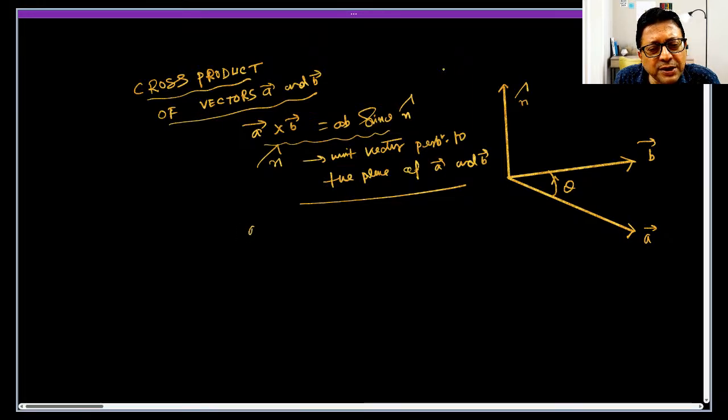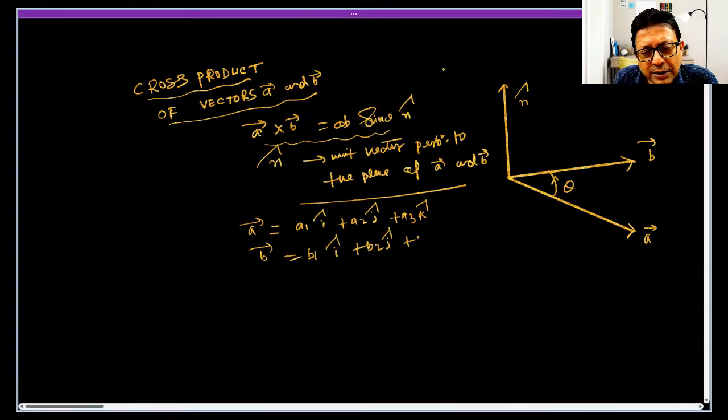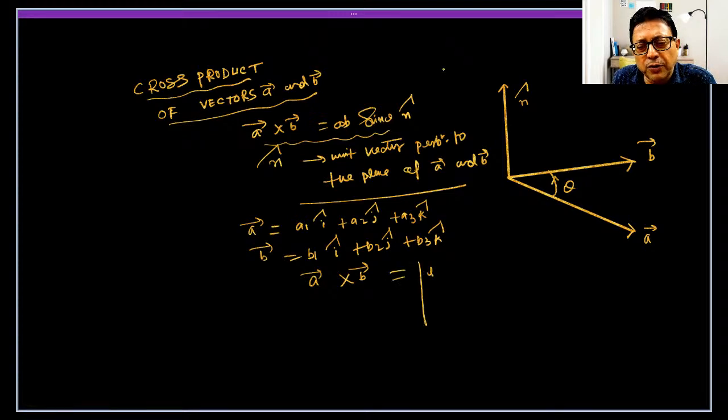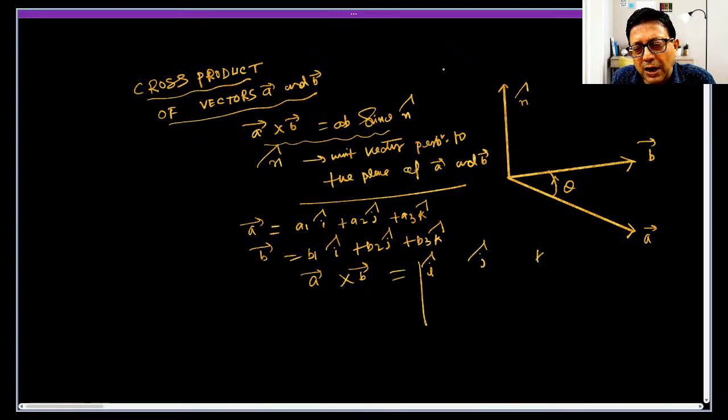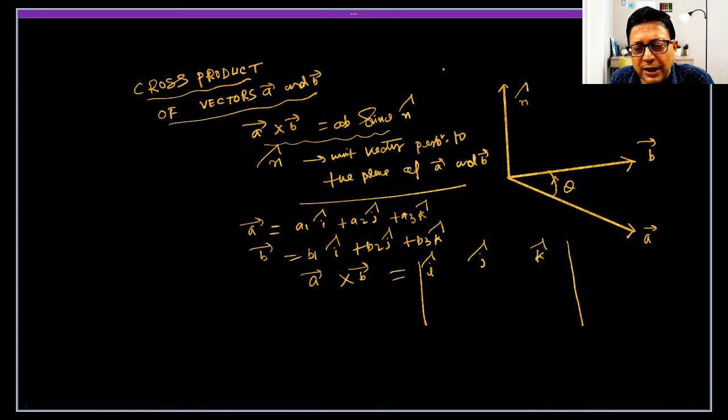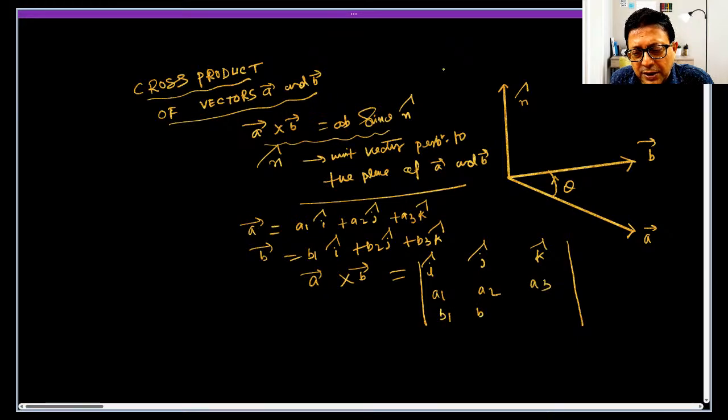And A cross B, we have seen that if two vectors are of this form, A equal to A1i, A2j, A3k, and B equal to B1i, B2j, B3k, then A cross B we can write in the form of determinant i j k, then A1, A2, A3, B1, B2, B3.